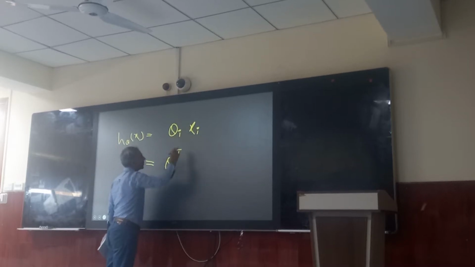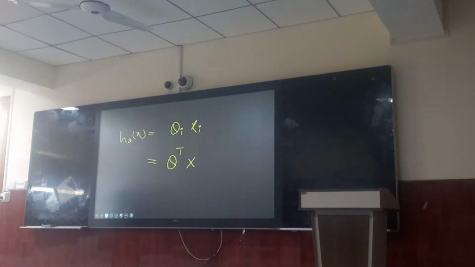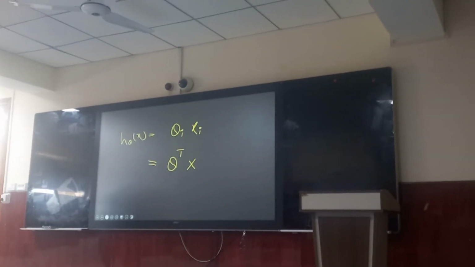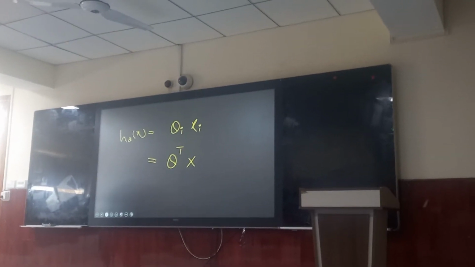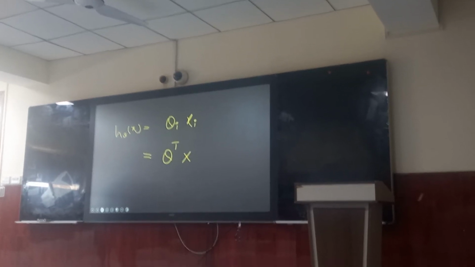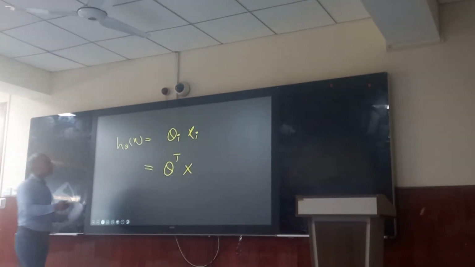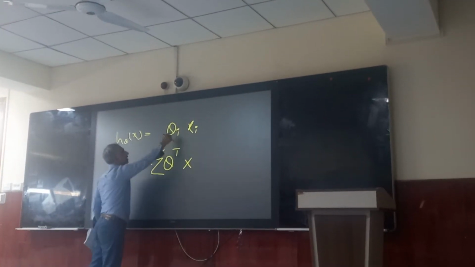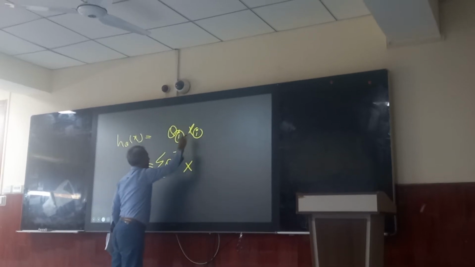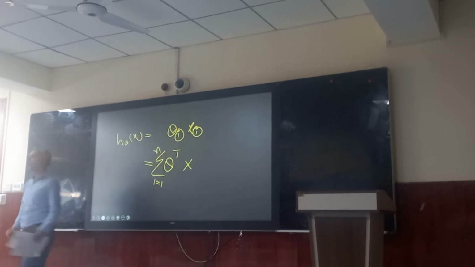For the multiplication of the weight vector with the feature vector, I am taking the transpose of it. But of course you need to sum up all the index values, up to the n features.